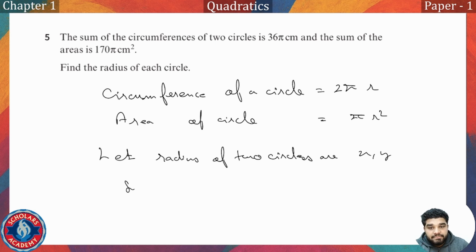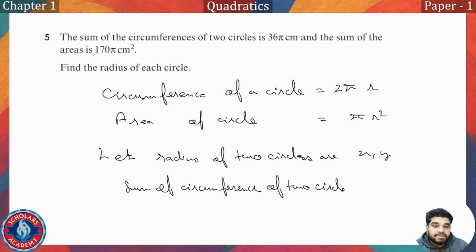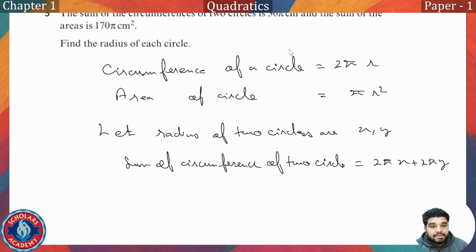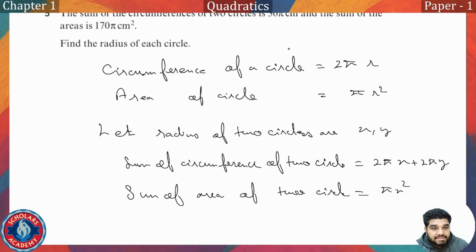So the sum of circumference of two circles is 2 pi x plus 2 pi y, right? According to the question, this sum is given to be 36 pi, and the sum of area of two circles is equal to pi x square plus pi y square.